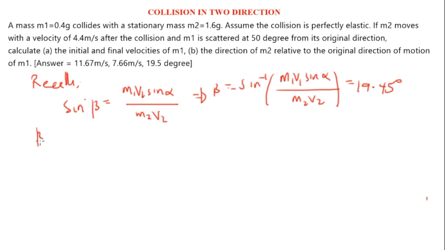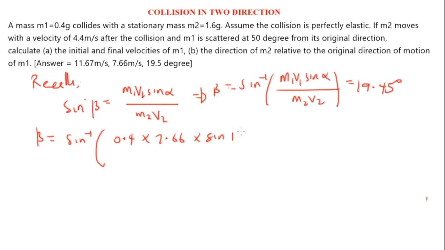So beta is the arc sine of 0.4, which is m1, multiplied by v1. v1 is 7.66. We have just obtained it.